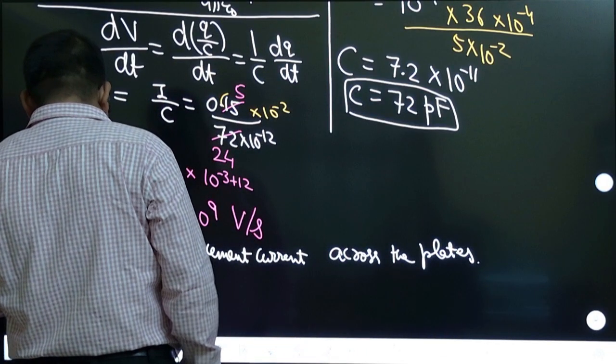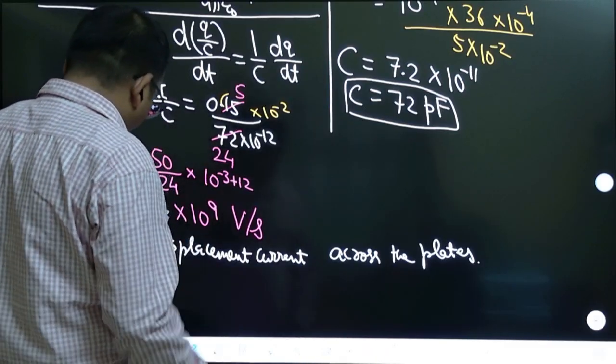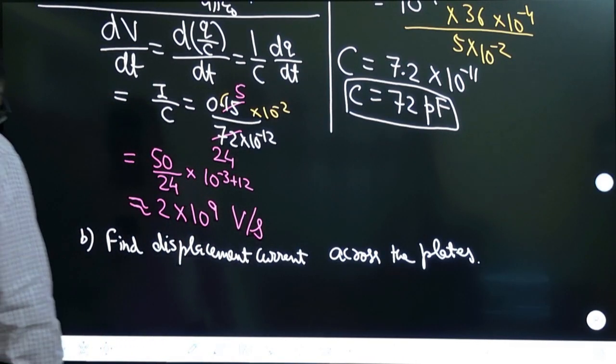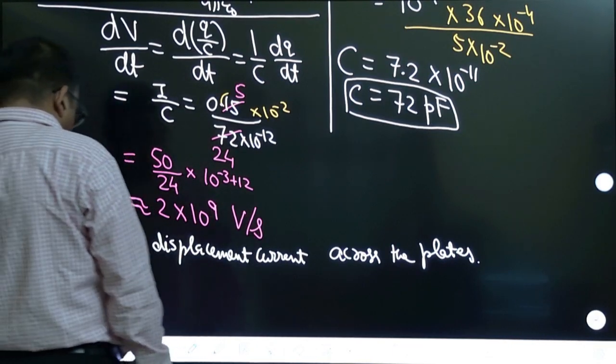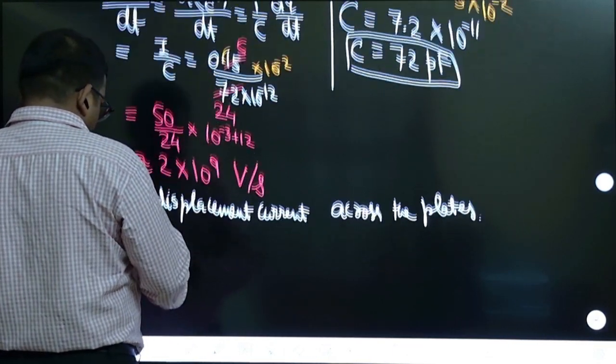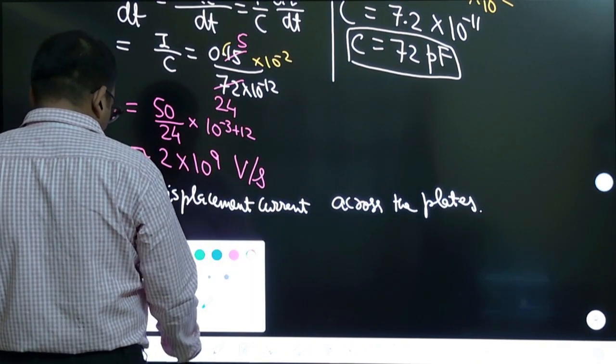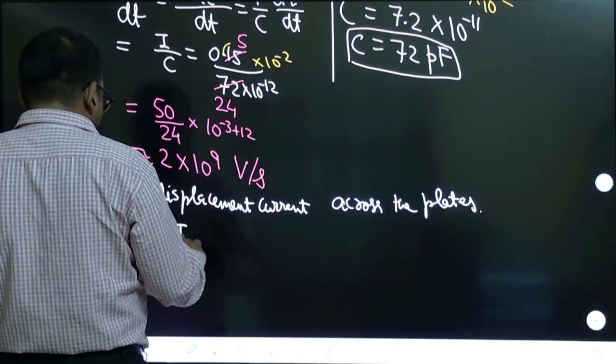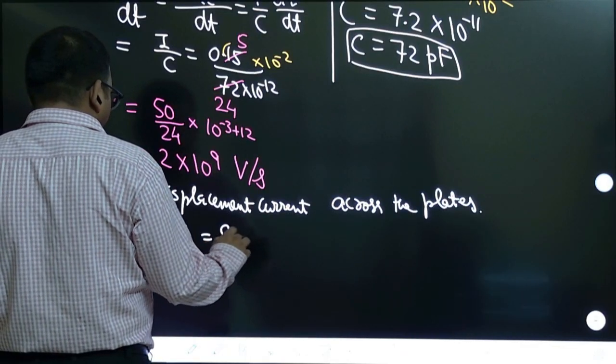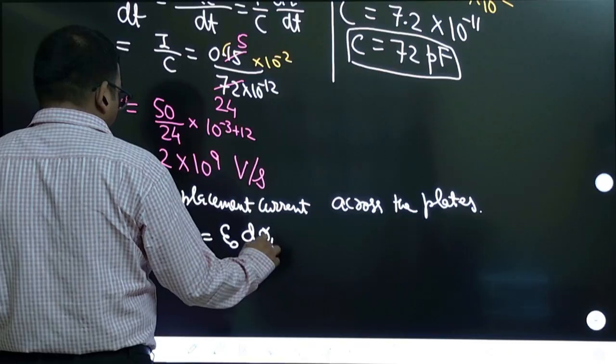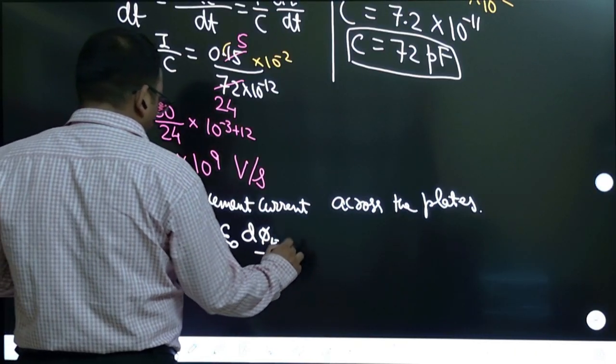So they have not mentioned what point we have to take. So displacement current, shall we take the same as that of this? If you want, you can derive it. Epsilon naught d phi e by dt, right?